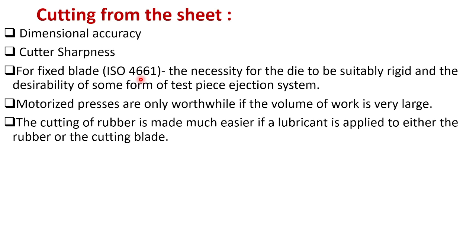ISO 4661 gives all the details about the fixed blade and changeable blade. If the sheet is very thick, you need to use a motorized type of press. The cutting of rubber is made much easier if a lubricant is used. Sometimes you need to add some soap solution, so that the cutting blade will easily come out of the rubber sheet after cutting.